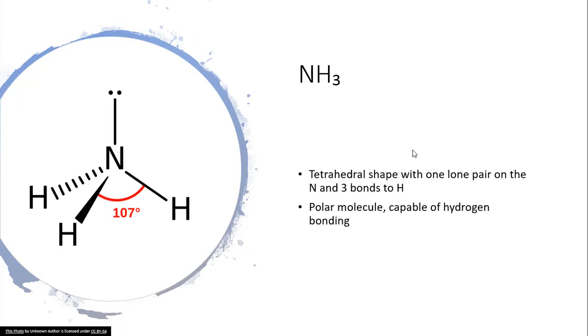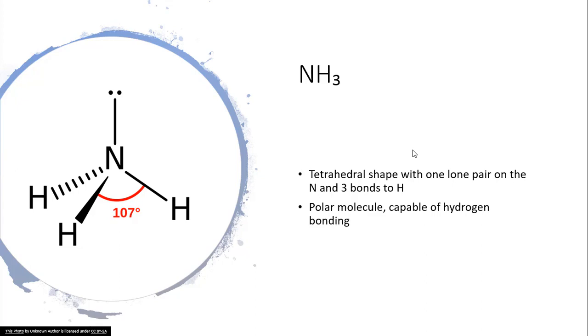The next molecule will be ammonia. This molecule is tetrahedral in shape. It has 3 bonds to hydrogens and 1 lone pair on the nitrogen. This means that the nitrogen is more electronegative than the hydrogens, and so it's pulling electrons towards itself, and this makes the whole molecule polar because it experiences dipole moments.